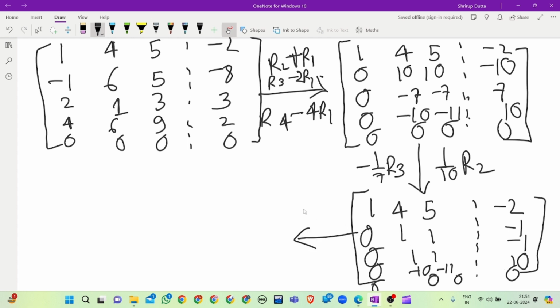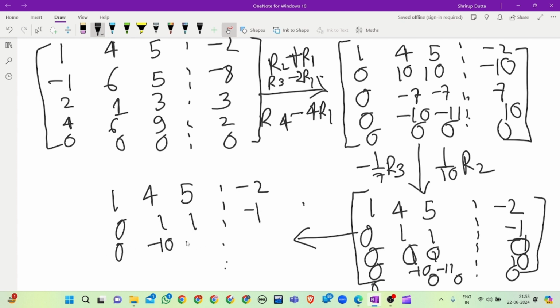So if we take R3 minus R2, we will get this 0, and if we shift R4 and R3, we will finally get 1, 4, 5, -2; 0, 1, 1, -1; 0, 0, -1, 0; and then all zeros.